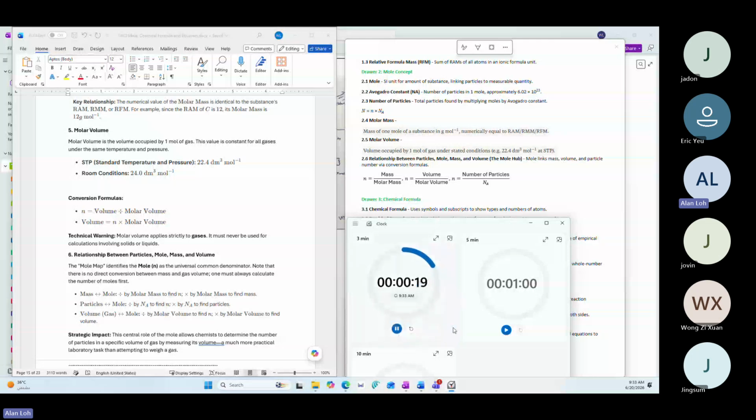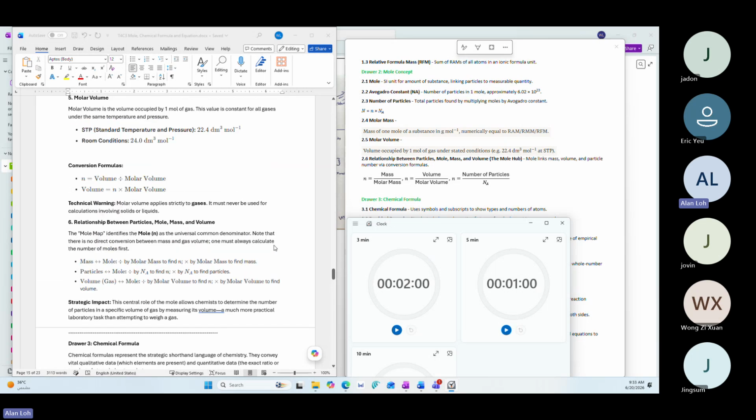Twenty more seconds. Right. Okay. That is drawer 2.